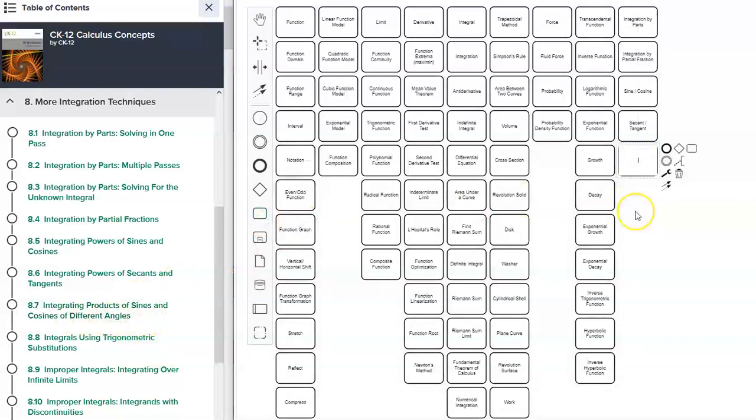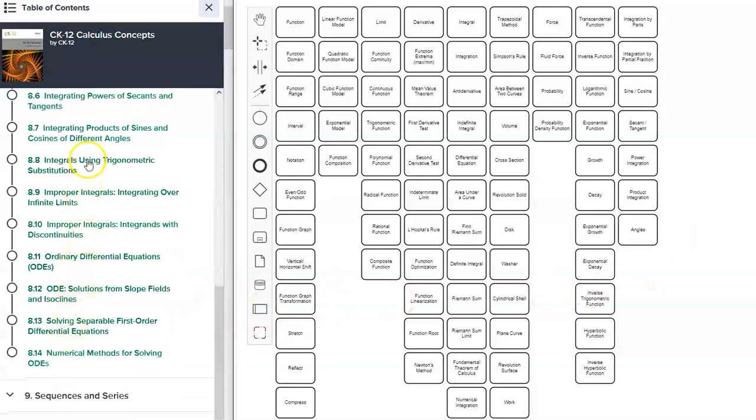So we've introduced power integration, product integration, and angles. There's a bunch more here.